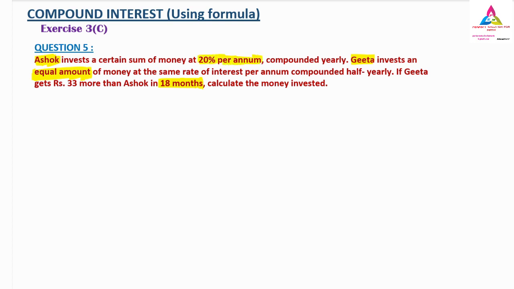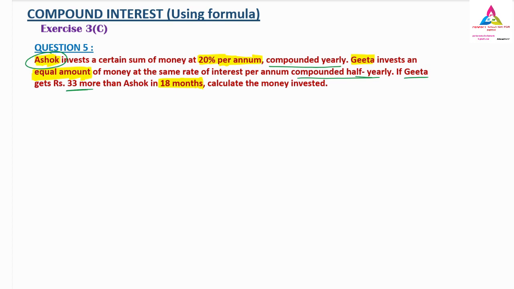But what is the difference between this? If they are investing the same money for the same rate of interest for the same time, what is the difference? Ashok is investing compounded yearly, and Geeta is investing that money compounded half yearly, means every 6 months the interest is going to be calculated. They have also given that Geeta is getting 33 rupees more than Ashok as the final amount.